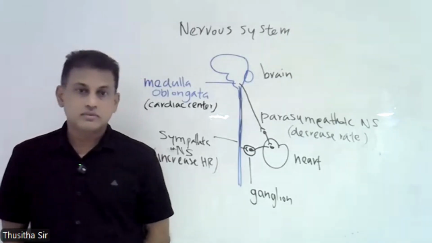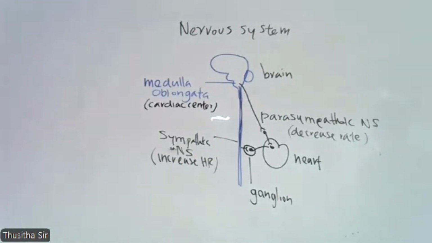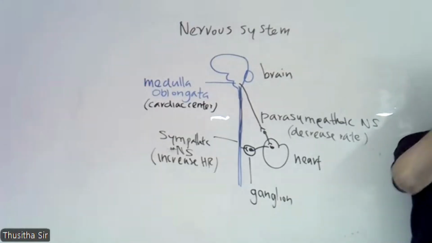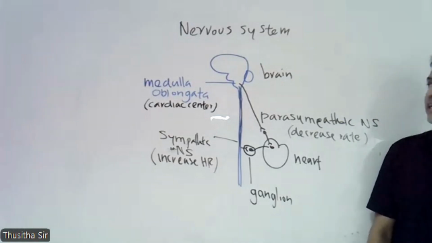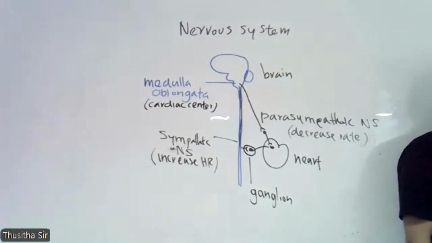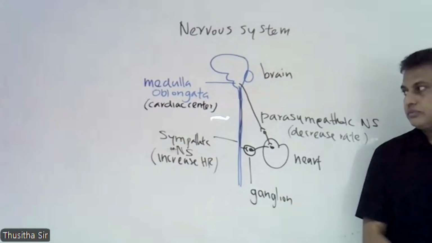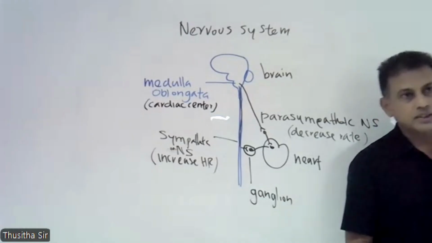Done? Okay, can you write: cardiac center located in the medulla oblongata controls the heart rate.